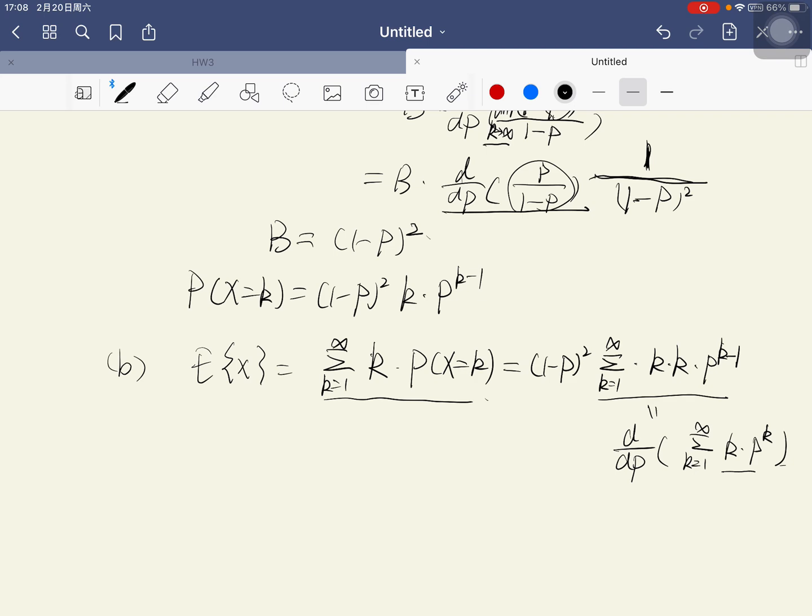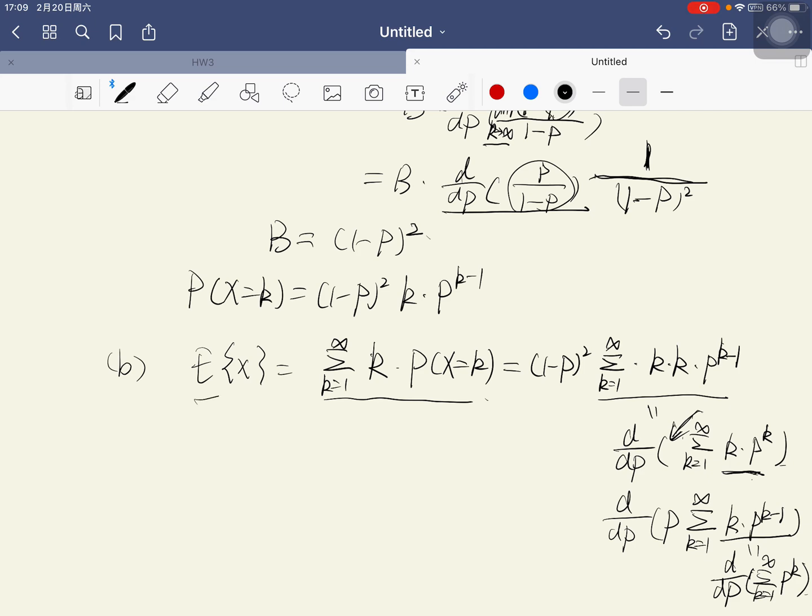For this, it's hard to compute, so we could put a p before it, and transform it as p times the sum over k from 1 to infinity of k times p to the power of k minus 1. So this is equal to the derivative with respect to p of the sum over k from 1 to infinity of p to the power of k.